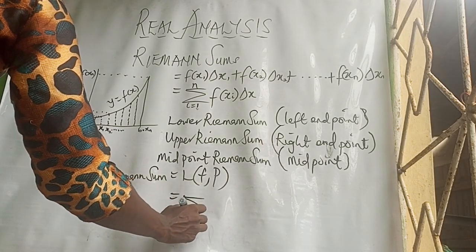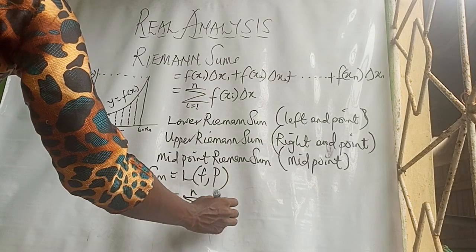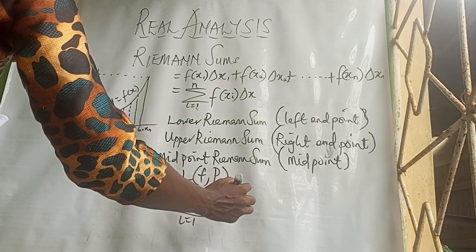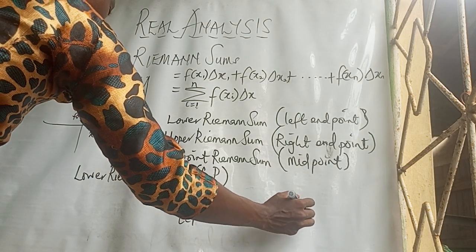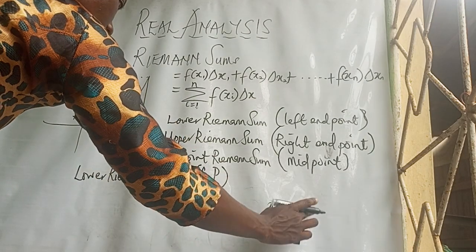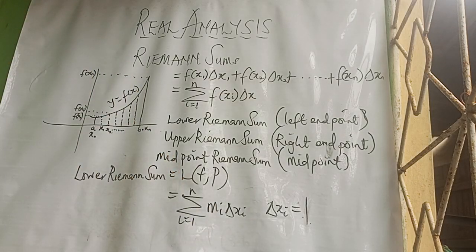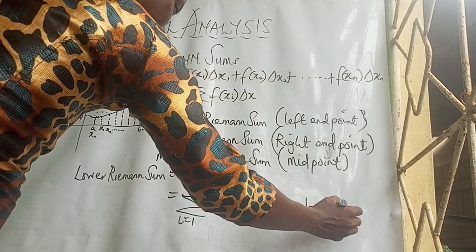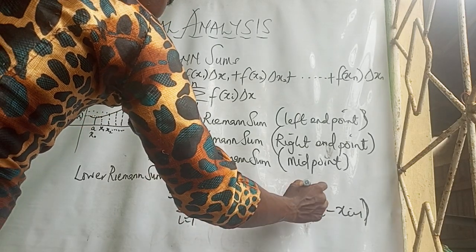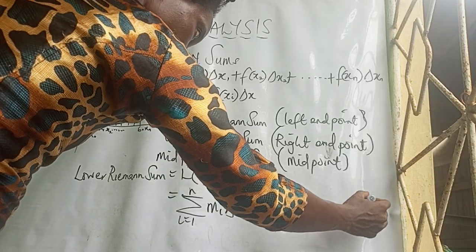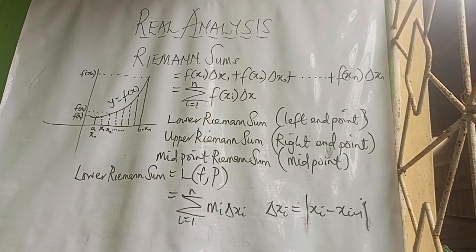The summation from i equals 1 to n of mi times delta xi, where my delta xi is my interval xi minus xi minus 1, the width of that interval. That's our lower Riemann sum.